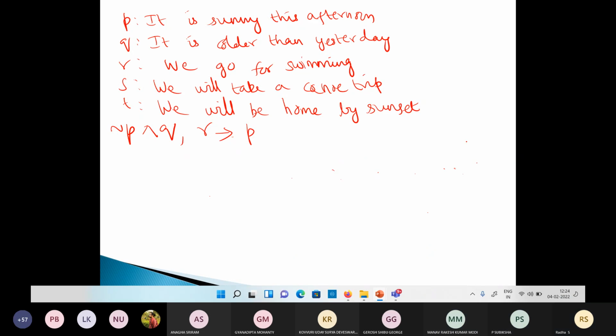We'll try. If we do not go swimming, then we'll take a canoe trip: not R tends to S. If we take a canoe trip, then we'll be home by sunset: S tends to T. And the conclusion is T, we'll be home by sunset.